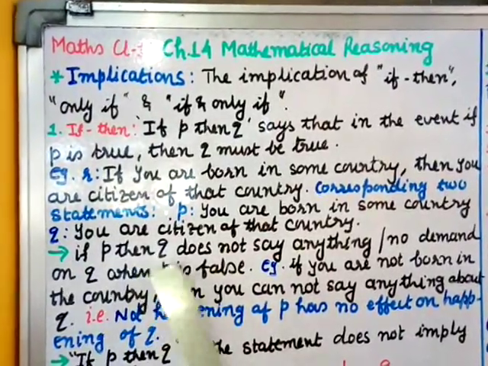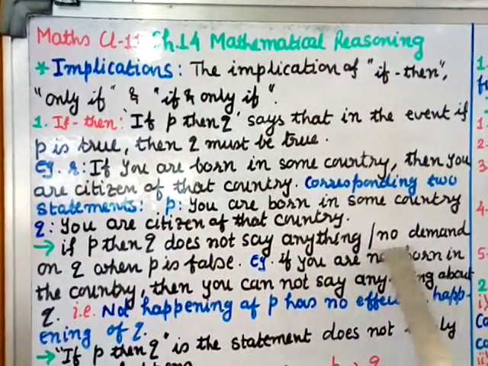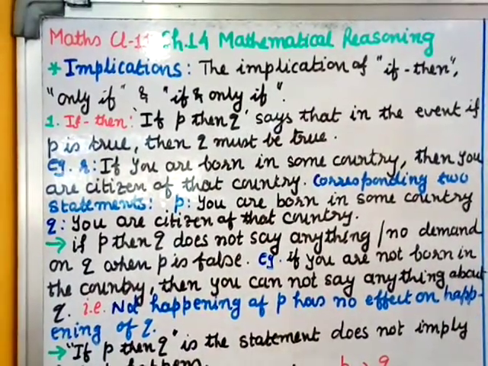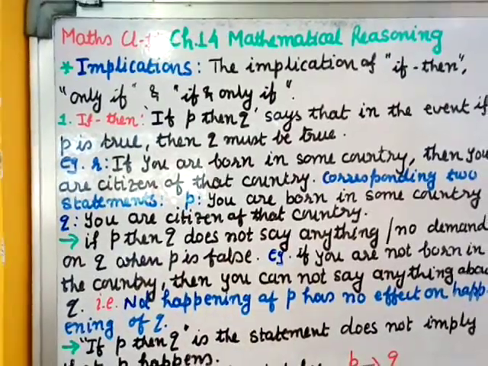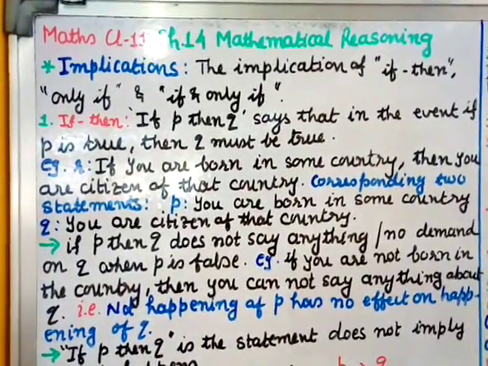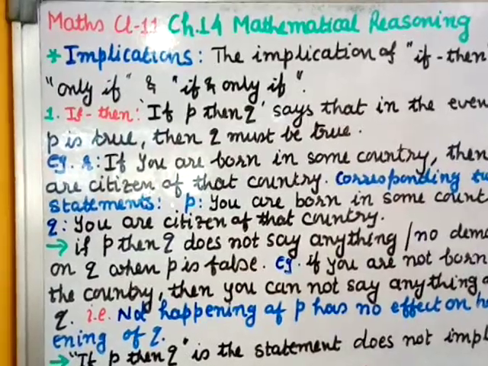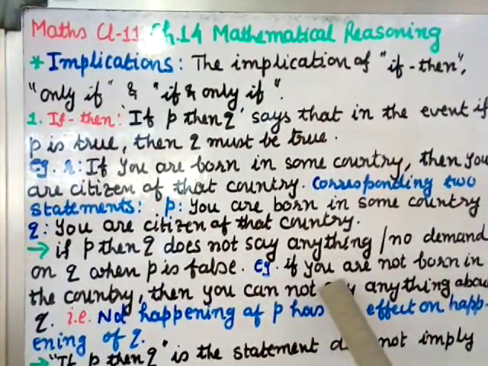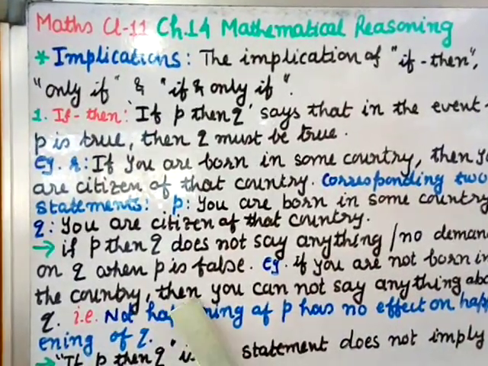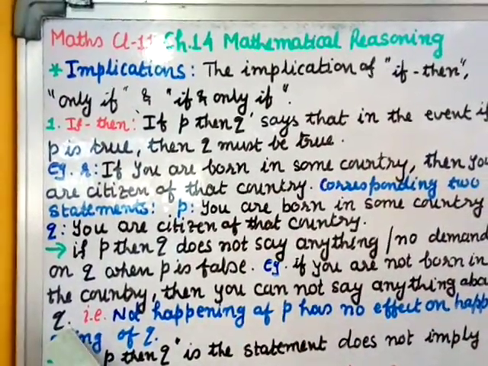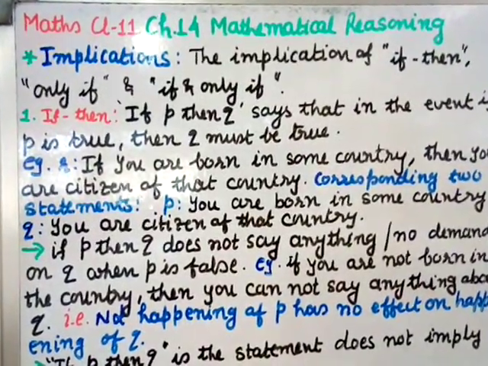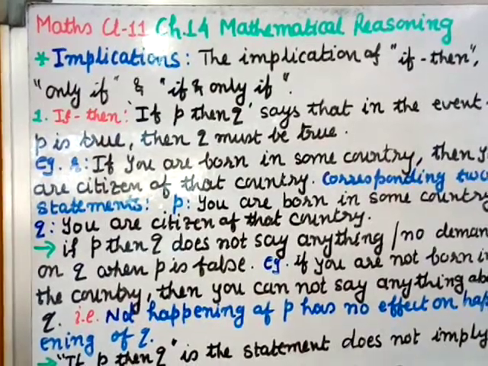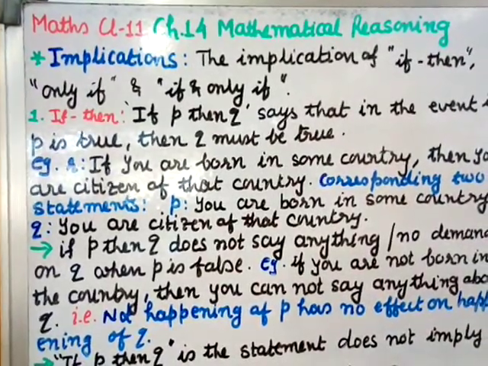If P then Q does not say anything, or makes no demand on Q, when P is false. Suppose in if P then Q, the first statement P is false, then you cannot say anything about the second statement, that is Q. Example, if you are not born in the country, then you cannot say anything about Q. That is, whether you are a citizen or not a citizen.